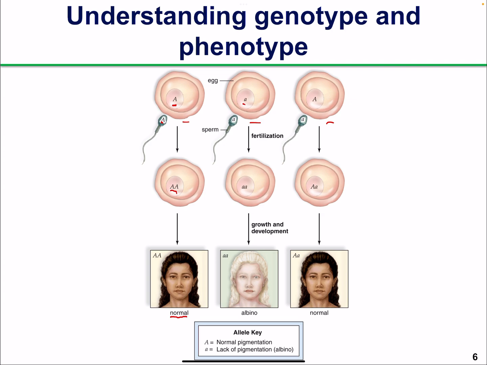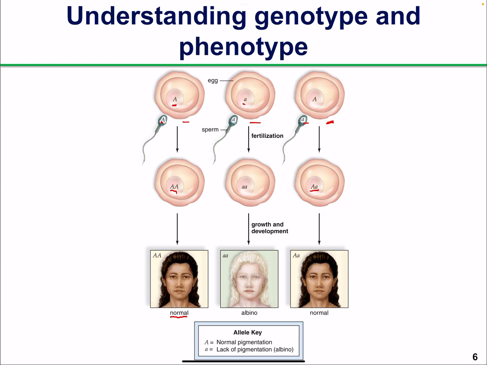Also, if an egg that has a dominant allele is fertilized by a sperm cell that has a recessive allele for pigmentation, we are going to have an individual, a zygote, that is heterozygous, with capital A lowercase a.